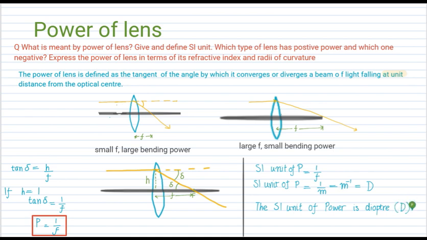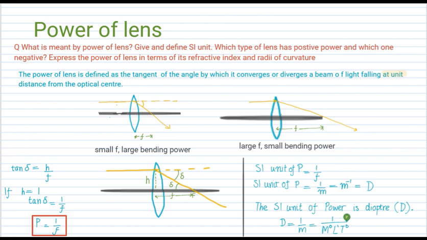Now, if the power is in D, what will be the dimensional formula? You know, one diopter is how much? 1 by meter. Meter in terms of dimension, I can write m to the power 0, L to the power 1, T to the power 0.